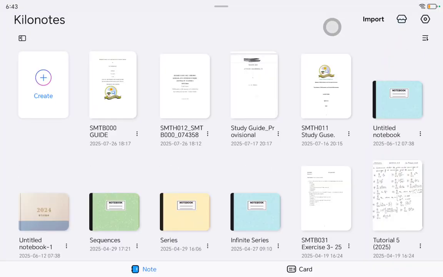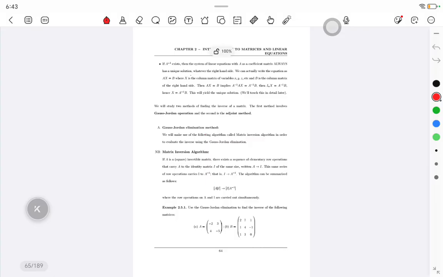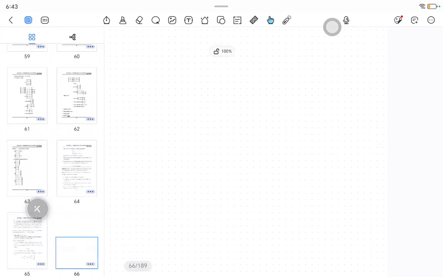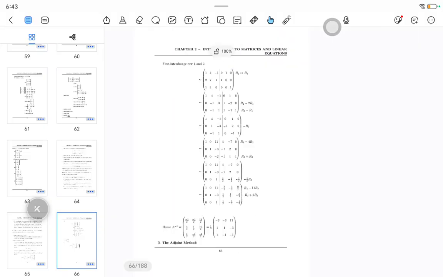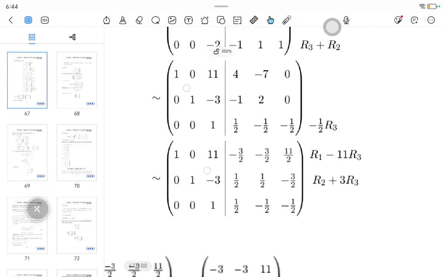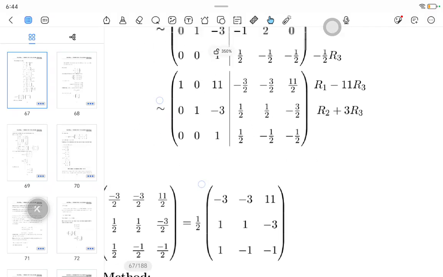So now I think what we can do, right? Since we've done this, let me see what else we can look at based on this. Since we know how to approach this kind of problem, if they say find the inverse, you know how to find the inverse using Gauss-Jordan elimination.